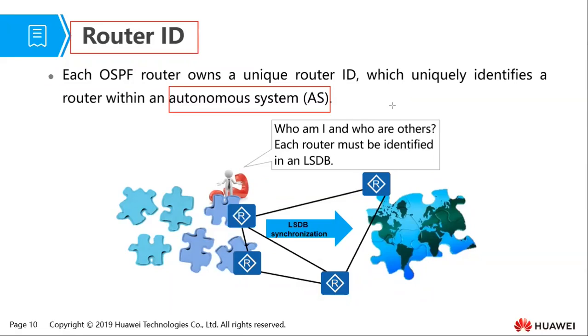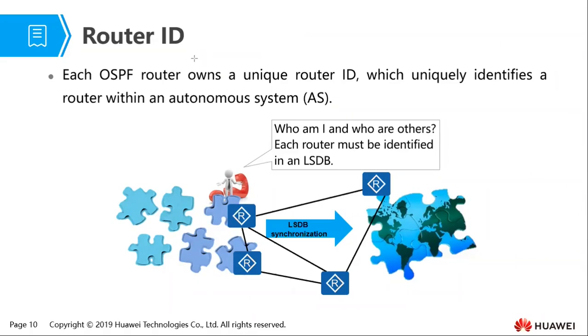Now, let me ask at this point, do you still recall the criteria for selecting a router ID from the associate level? How does the router select a router ID? Can one of you share with us what you remember? By manual configuration of the router ID first. So that's the very first one.